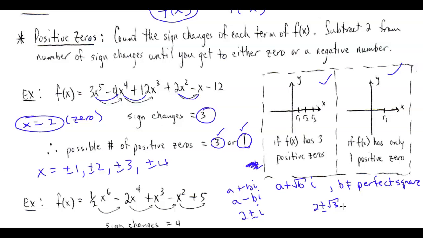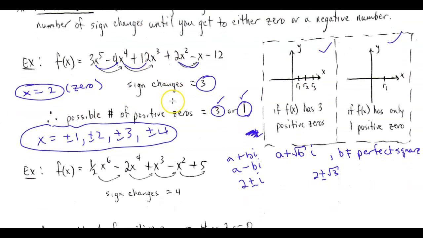So that's how Descartes' rule of signs helps you know, from the list of possible zeros, whether any of them are going to work. If we try all the positive ones and only one works, then we know the two remaining zeros have to be complex or irrational. That gives us an idea of the possibilities for positive zeros.